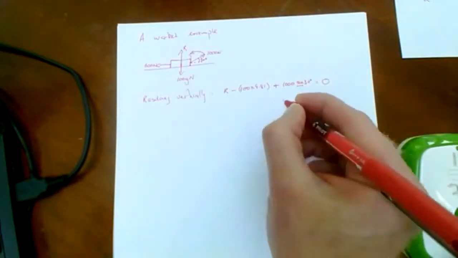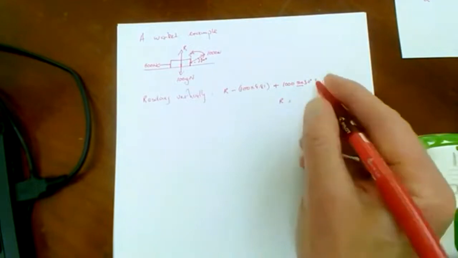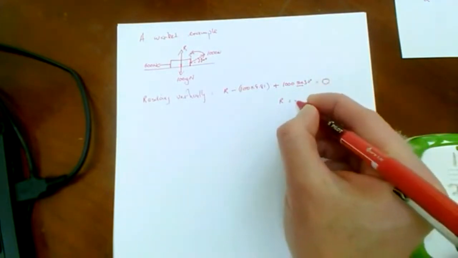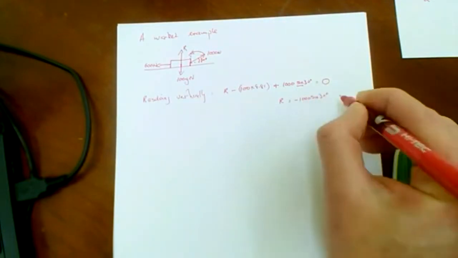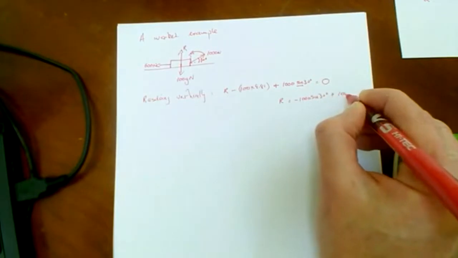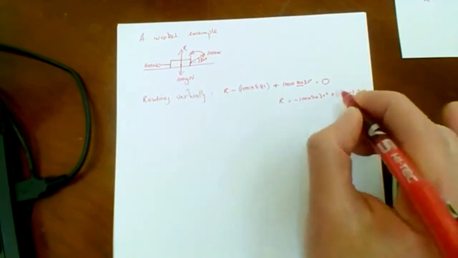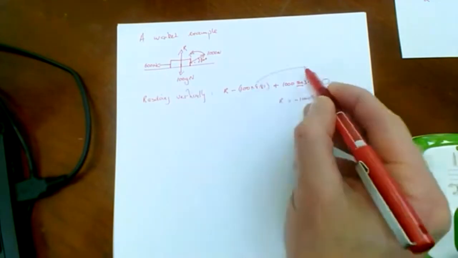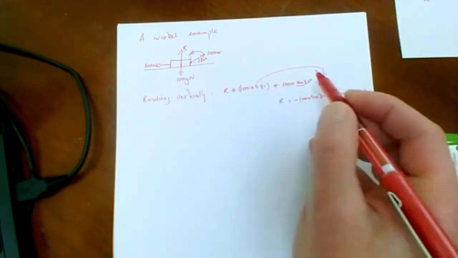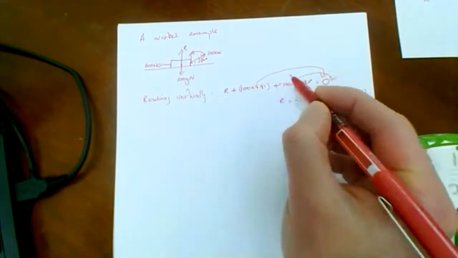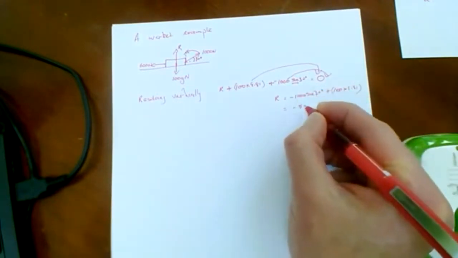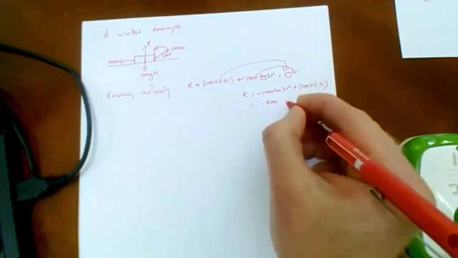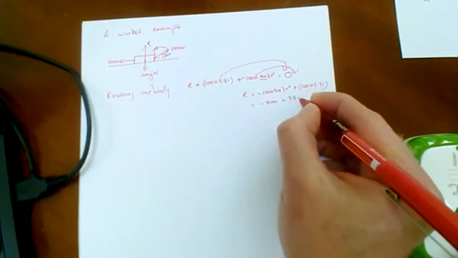So then we can say R equals minus 1000 sine 30 plus 100 times 9.81, because I'm taking this to this side of the equation, which means I change the sign to plus. I'm taking this to this side of the equation, which means I change the sign to minus. So that gives us our value for R. Now, sine 30 is 0.5, so there's minus 500 plus 98.1.